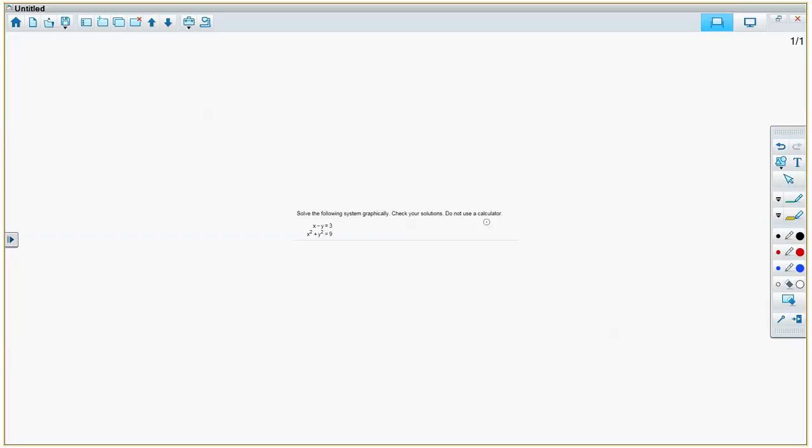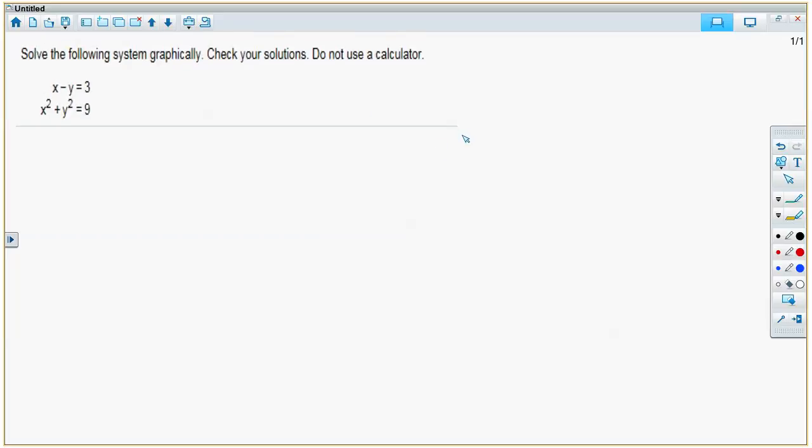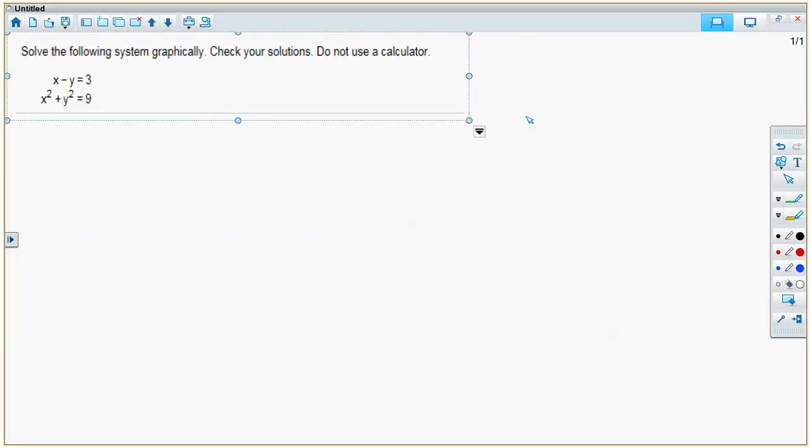Yes, solve the following system by graphing. And this is the least accurate method of solving systems of equations. If you look at my video on solving systems of equations, graphing is usually the least accurate and least used because of the inaccuracy.